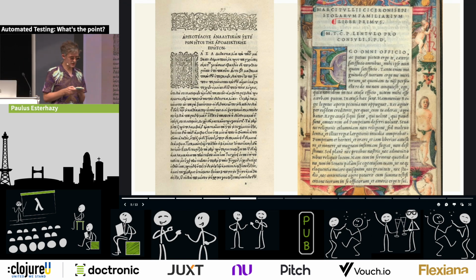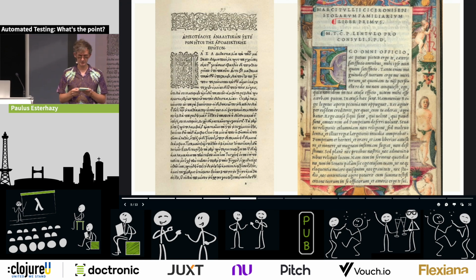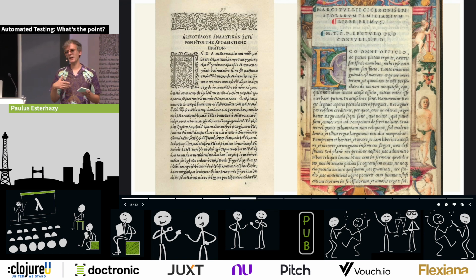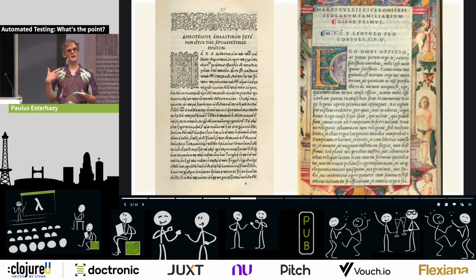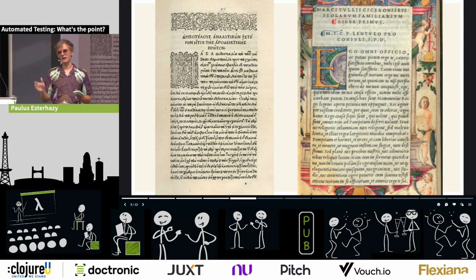Okay, so in the Renaissance, making books was a cutthroat business. It was really expensive to buy the paper. The ink was expensive. It was difficult to make the typeface. And that had as a result that a lot of the printers went out of business after a year and a half. They printed one book and they went bankrupt.